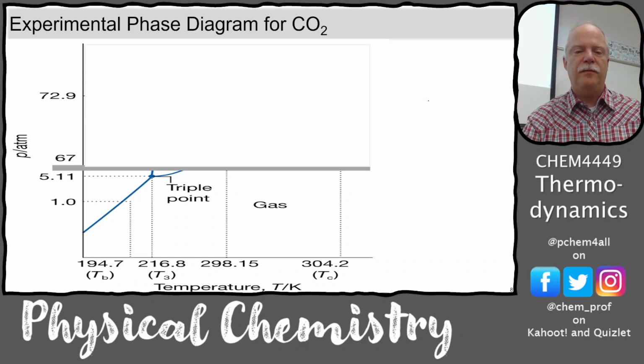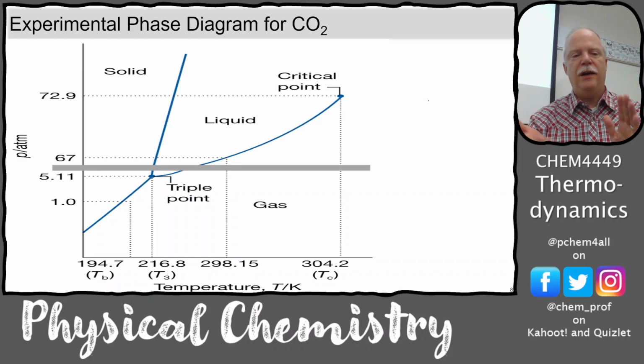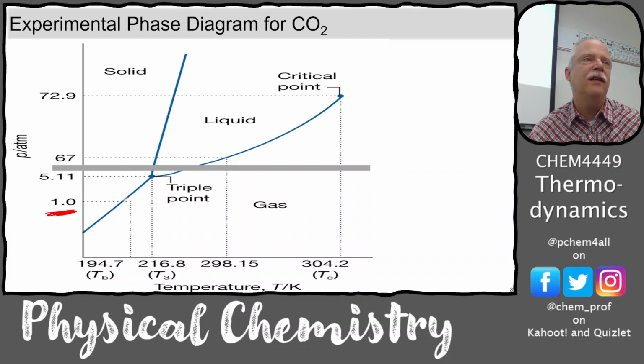Here's CO2. Experimental phase diagram for CO2. Again, kind of a change in scale wherever that gray line is, but not as drastic a change in scale. Where's 1 atmosphere? It's right here. And notice this doesn't have a liquid phase at 1 atmosphere. So you can't have liquid CO2 at 1 atmosphere.